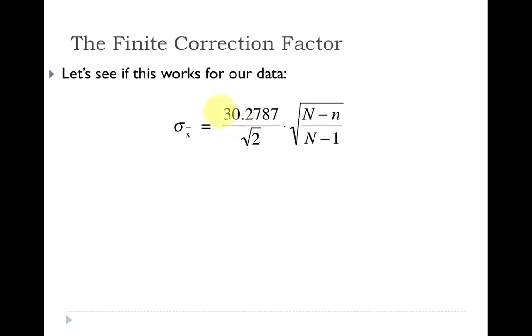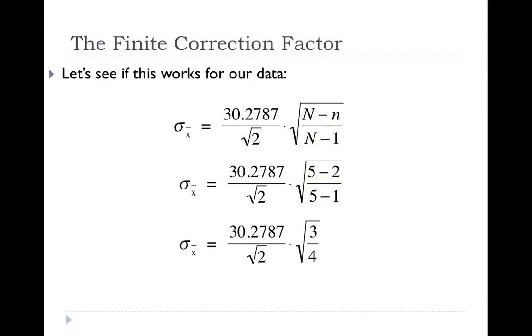As before, we have our sigma, 30.2787, divided by the square root of n, the square root of 2. But with the finite correction factor, we multiply by the square root of capital N minus n over capital N minus 1, which is 5 minus 2 over 5 minus 1. That becomes the square root of 3 over 4.